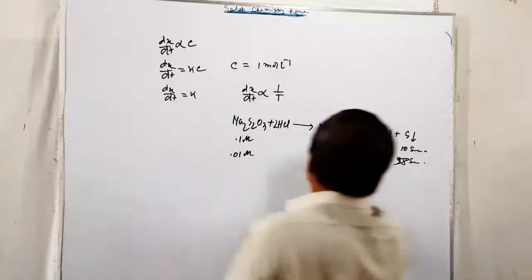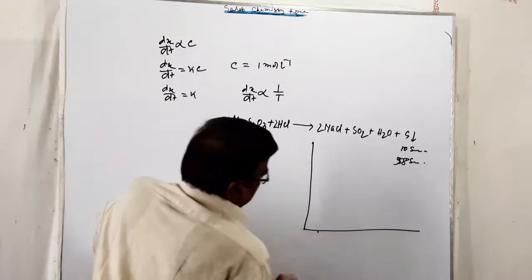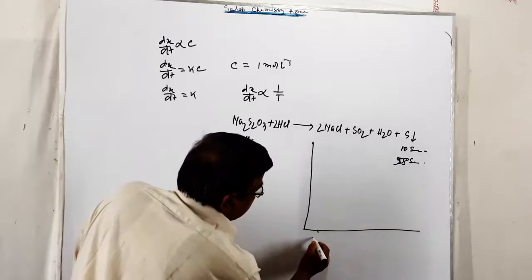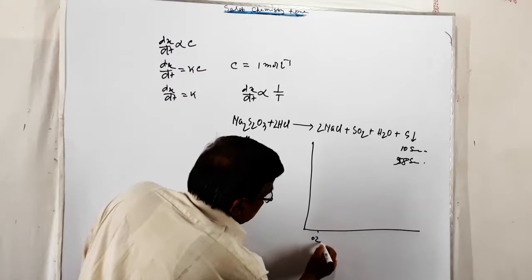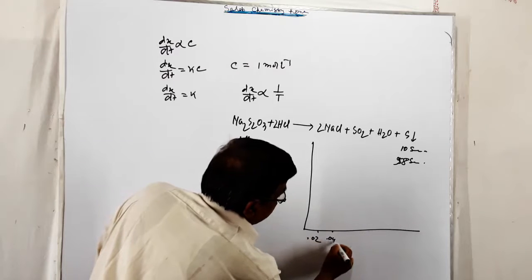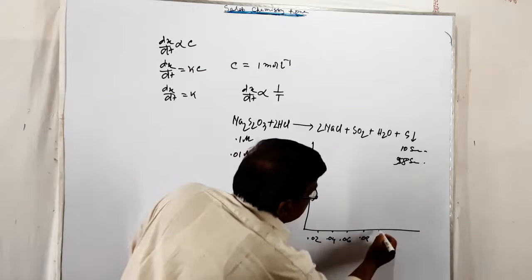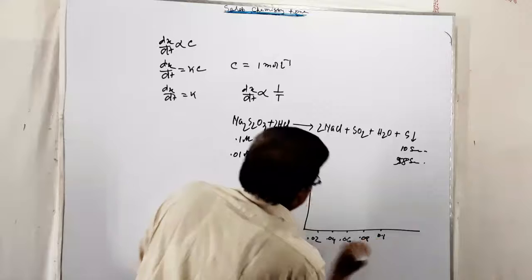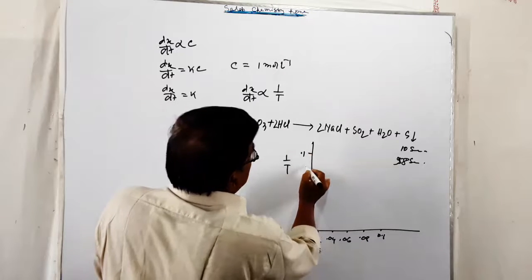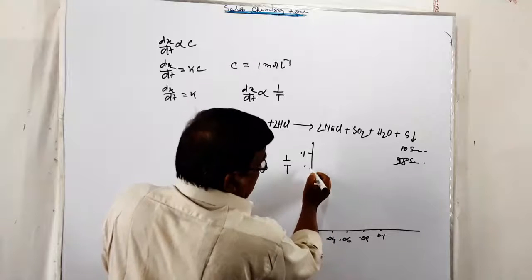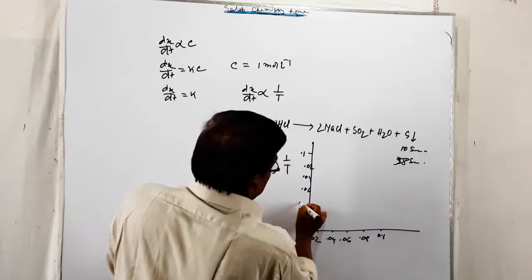If we draw a graph, if the concentration of sodium thiosulfate is 0.02, 0.04, 0.06, 0.08, 0.1, then 1/t is 0.1, 0.02, 0.04, 0.06, 0.08.